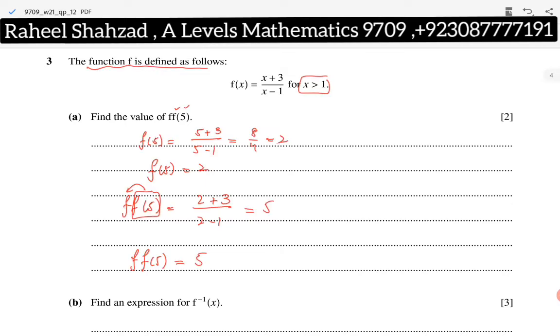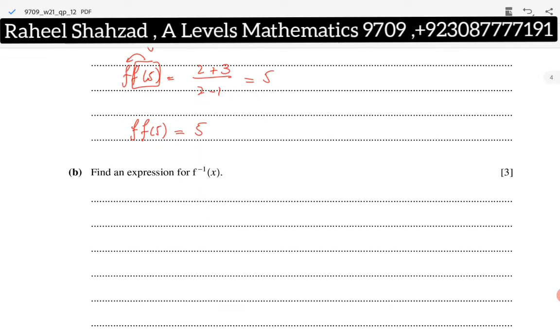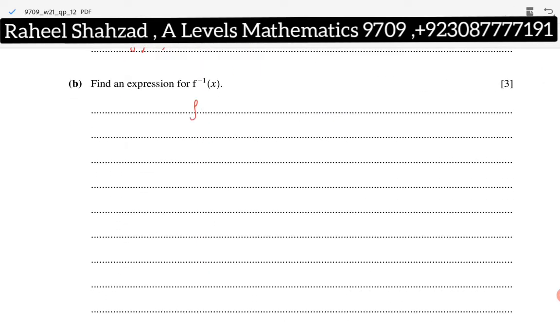In part B they want us to find the inverse function of x plus 3 divided by x minus 1. First of all, to find the inverse of a function, we let y equal f of x. So y is equal to x plus 3 divided by x minus 1, right? And then we have to make x the subject. You cross multiply here.